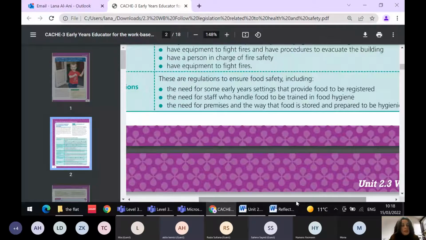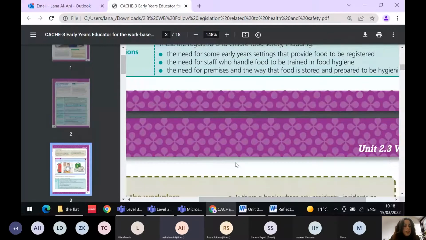The person handling the food must have training in food hygiene. It's very important. Also, the premises need to be checked where the food is stored. Is it hygienic? Is the fridge clean? Is the temperature right? This is very, very important for food hygiene.